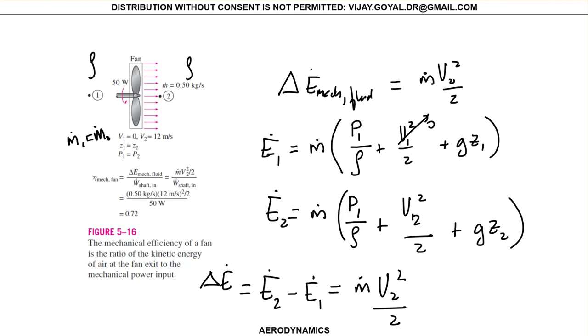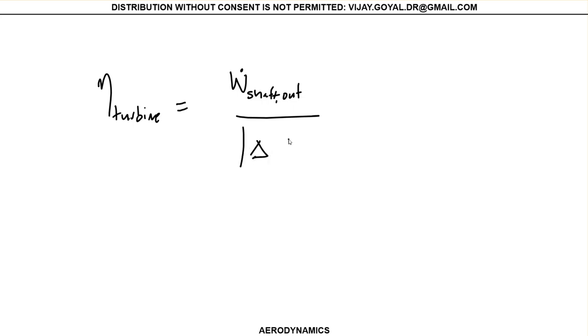Then you can also have the pump efficiency. You can have many others. You can have the turbine efficiency. If you wanted to do the turbine, eta turbine is going to equal the power of the shaft out divided by your delta E mechanical fluid.